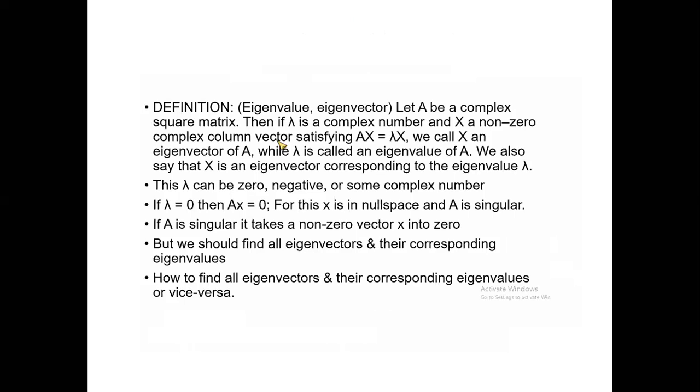So this is the definition. If A is a complex square matrix, a square matrix being a matrix which has an equal number of rows and columns, so 2 cross 2, 3 cross 3, and so on. If lambda is a complex number and X is a non-zero complex vector, and they satisfy Ax equal to lambda X, then X will be called the eigenvector of A, whereas lambda will be called the eigenvalue of A. This can have different versions: lambda can be 0, then Ax will be 0.